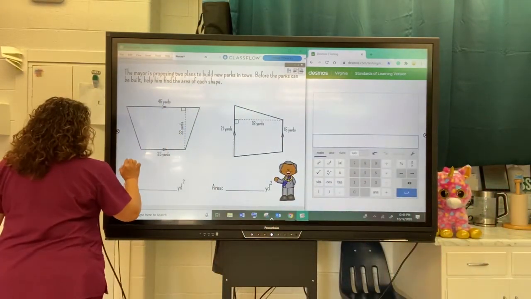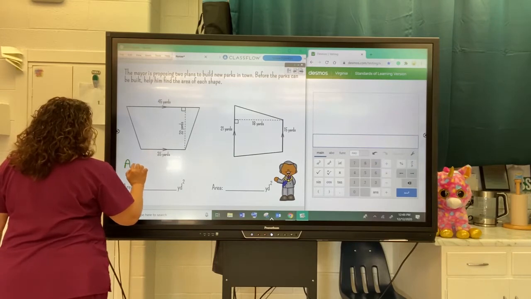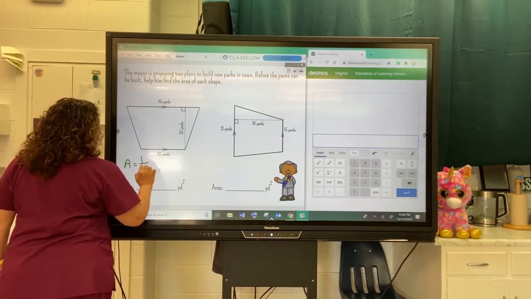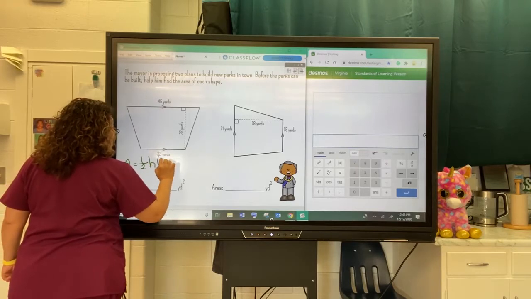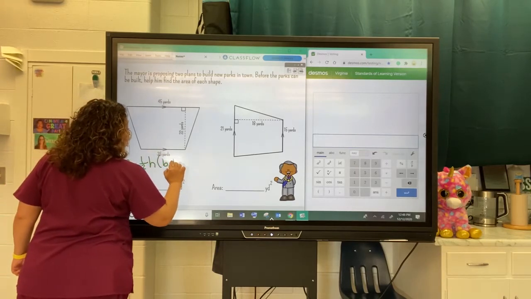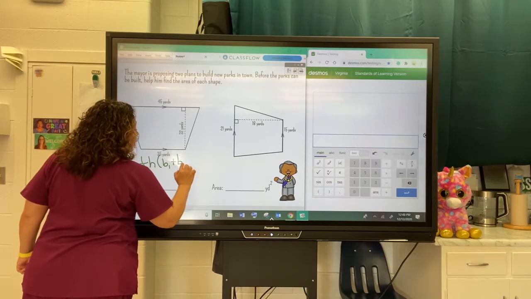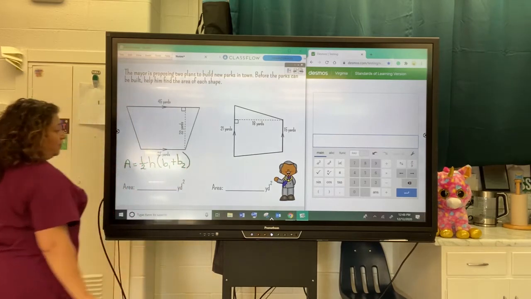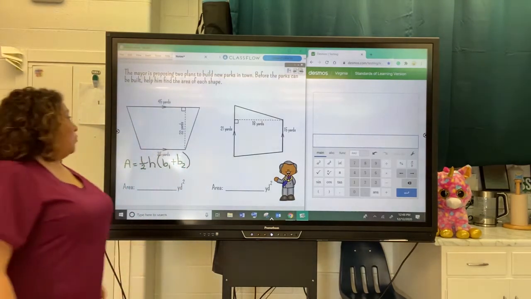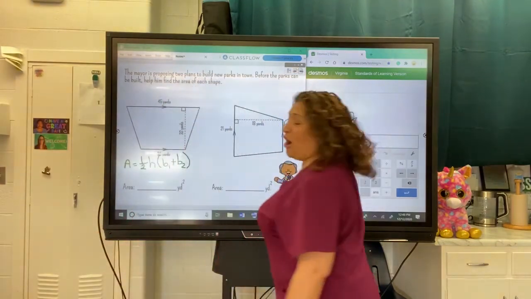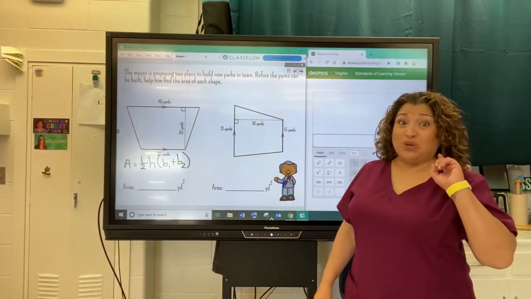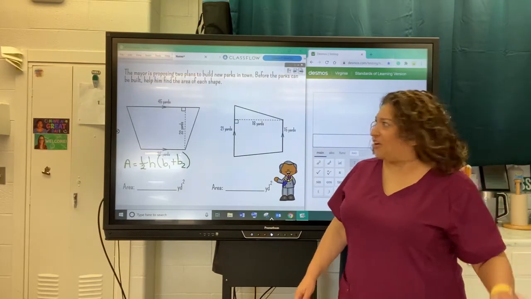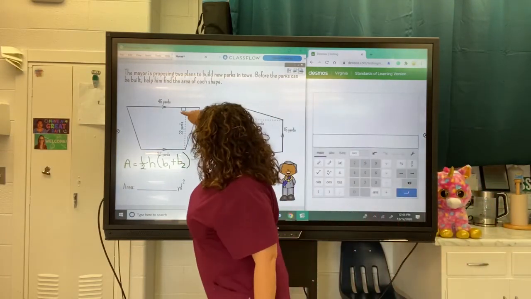So the first thing we're going to do is write down our formula. Area of a trapezoid is 1/2 height times base 1 plus base 2. Now, can we type all of the different things in the calculator after we label them? Sure, but we're going to use Desmos to its full advantage here. So first of all, let's look.